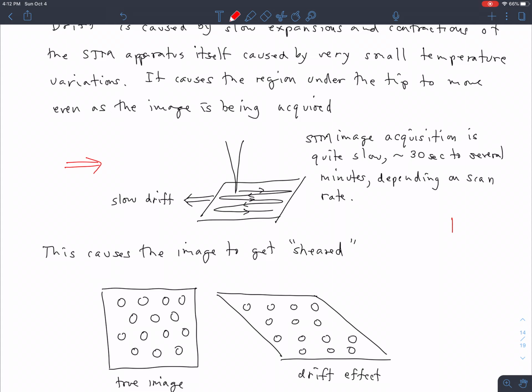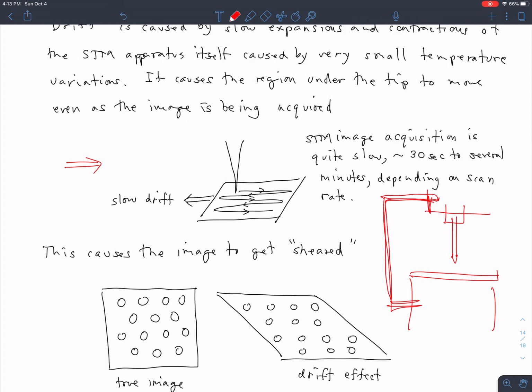So remember that the STM looks like this. It's got a sharp tip. That tip is mounted on some kind of holder, and then there's a sample that's also mounted on some kind of holder, and then there's some kind of mechanical armature or connection that connects these two. We'll look at what that is.